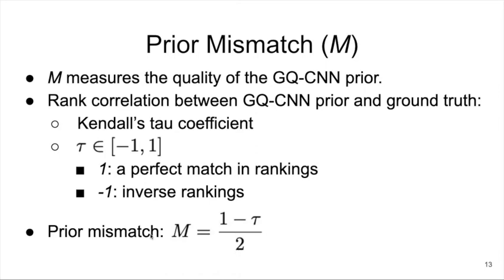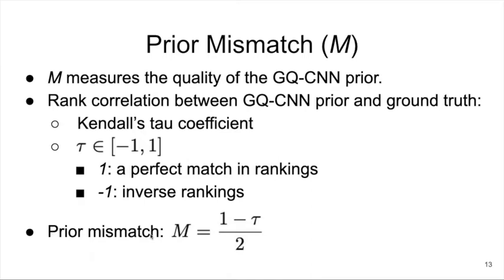To measure the quality of the GQCNN prior, we define a notion of the similarity between the prior and the ground truth grasp probabilities, termed the prior mismatch. We present a new metric based on the discrepancy between how arms are ranked under the prior and under the ground truth distribution.